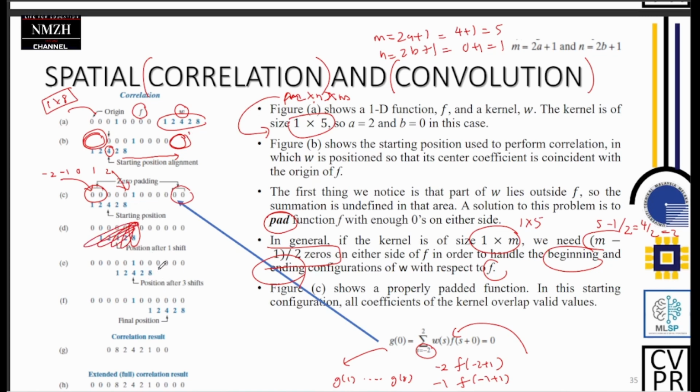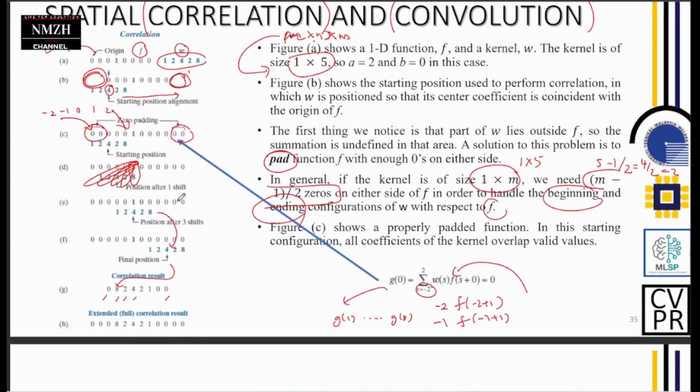At the end of the day, after we move the kernel from the left to the right, we have the results 0 for the first, second, third, fourth, until 8. But in terms of considering the padded pixels as an extent of the full correlation result, this one would be the result that we have. That would be the extended version.